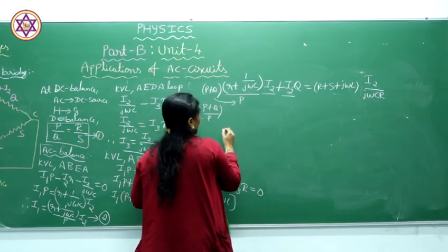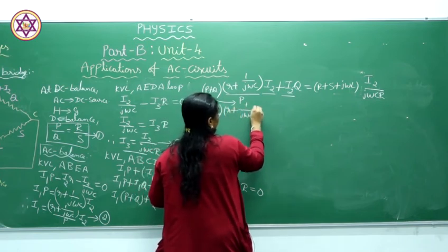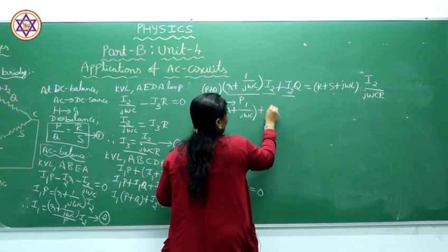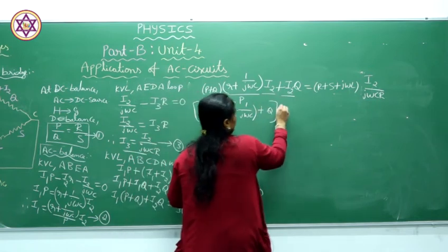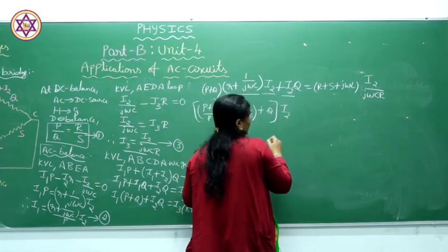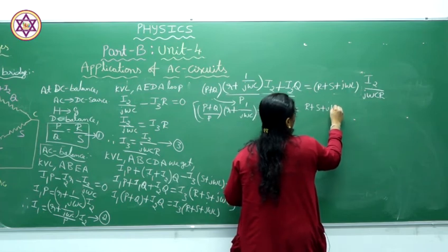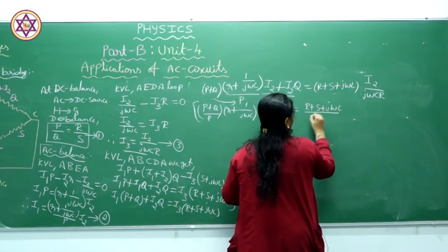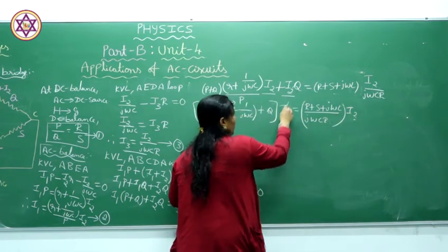Just rearrange the terms. (P plus Q by P) into (R plus 1 by j omega C) plus Q into I2 is the common factor, which is equal to R plus S plus j omega L divided by j omega CR into I2.